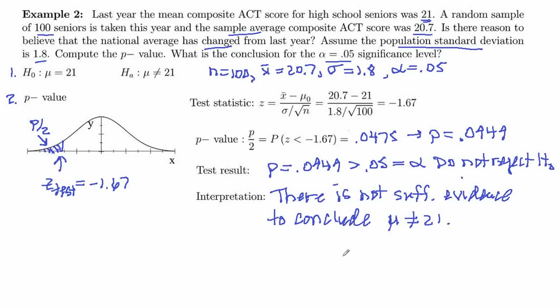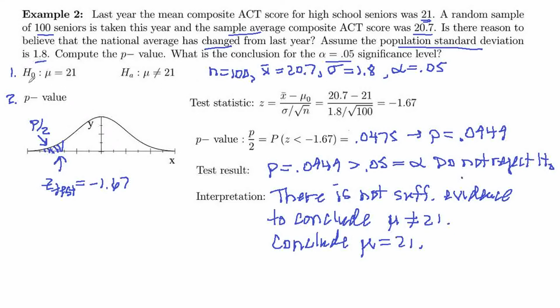So instead, we conclude the mean is 21. So nothing's changed. So p greater than alpha, do not reject. P less than alpha, reject. Remember to double the probability when you're doing a two-tailed test.